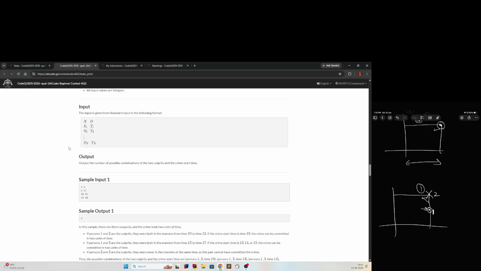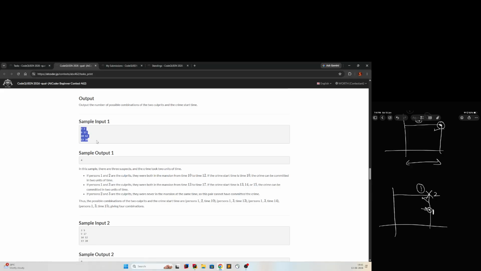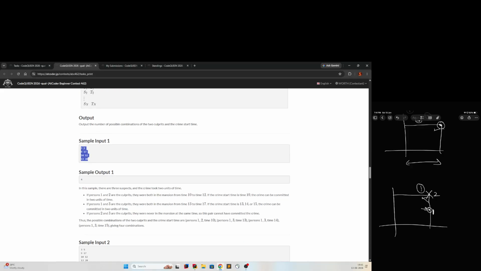Okay, so if we look at this example, the gap is 2 and these are the intervals, there are 3 people. So from the interval 9 to 17 and 10 to 12, if we start from 10, then 10 to 12 is a time interval in which these people are there.